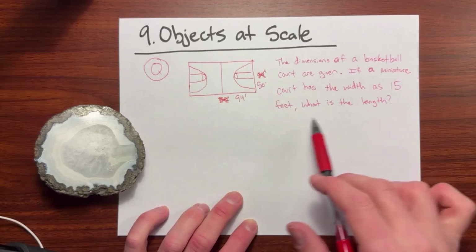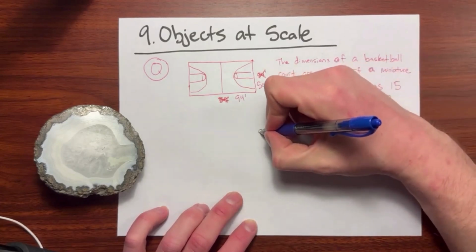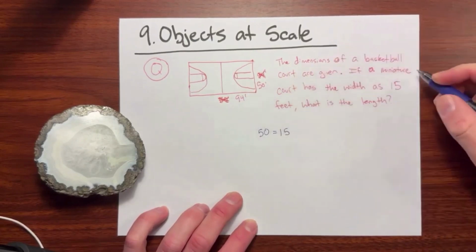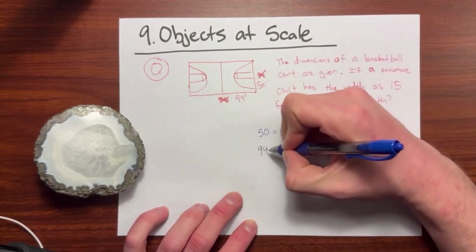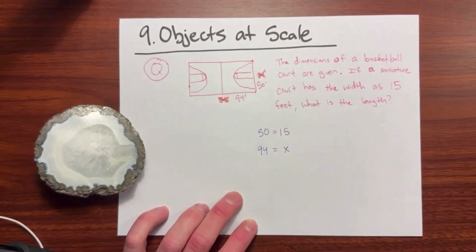What would be the length if the scale matches? So to do this, we will see that the 50-foot portion is going to be matched up with the 15-foot portion. We have the 94-foot portion matching up with the answer we're looking for.